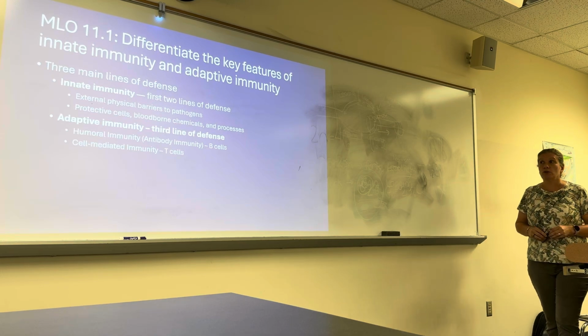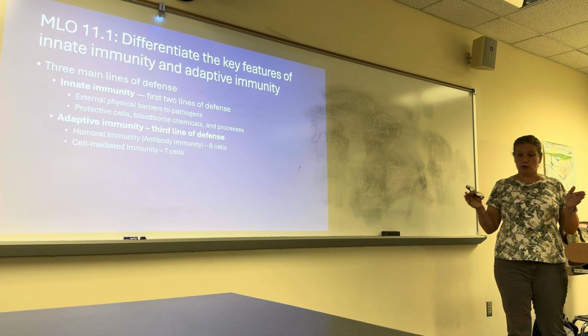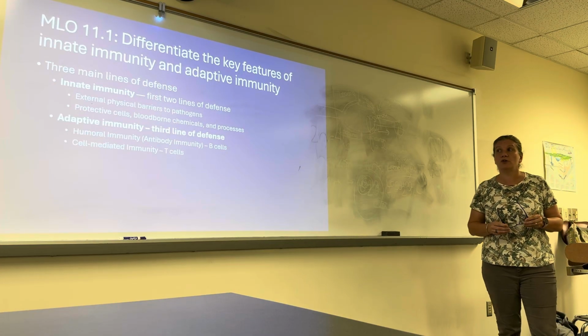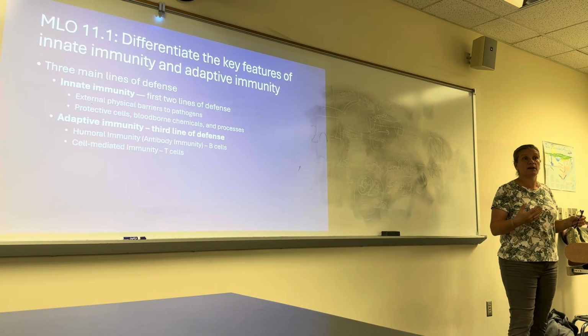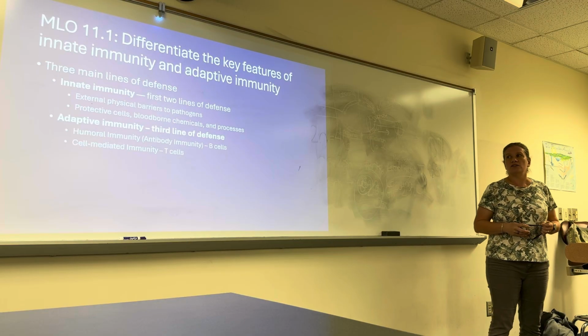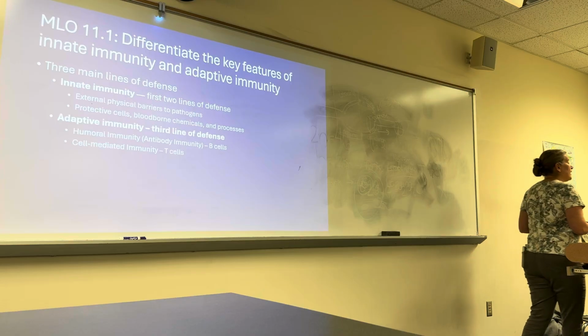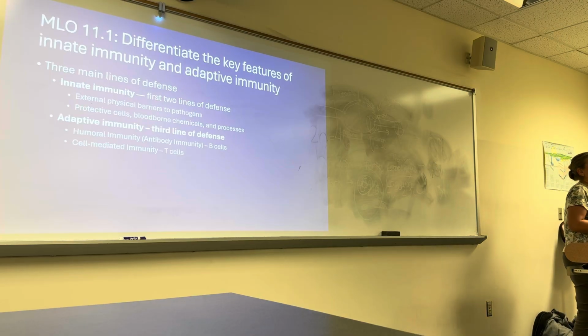The adaptive immunity is broken into two big categories. We have our humoral immunity, also known as the antibody immunity or antibody response. And this is going to involve the B cells. And then we have our cell-mediated immunity, which is going to involve our T cells, okay?